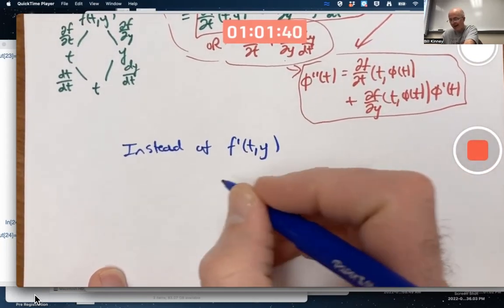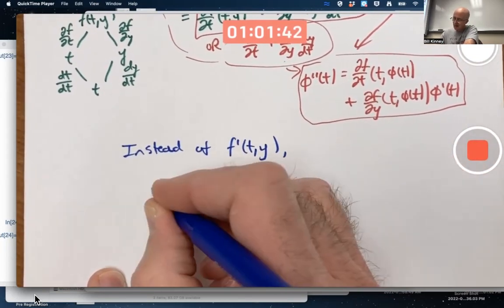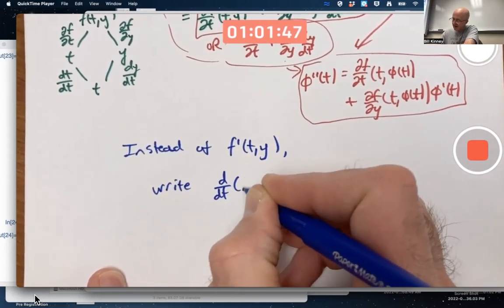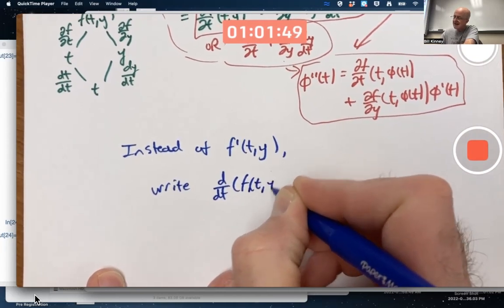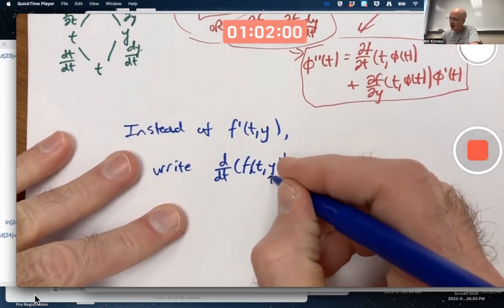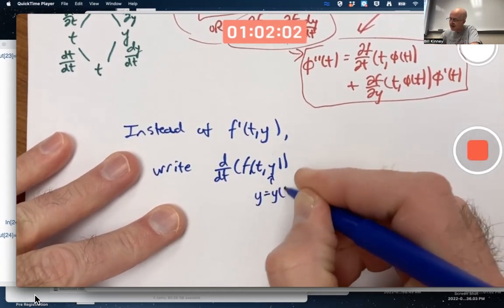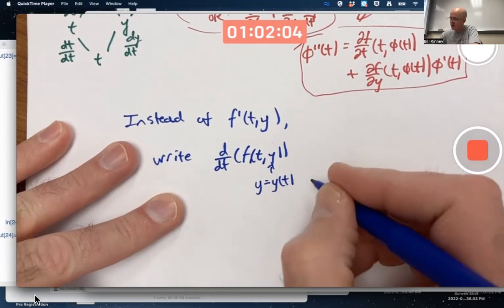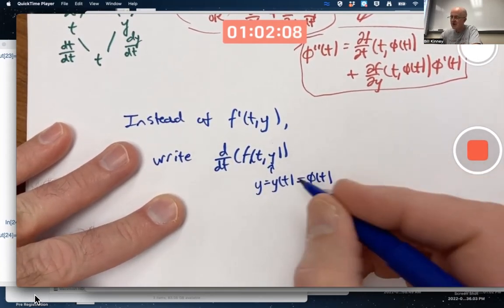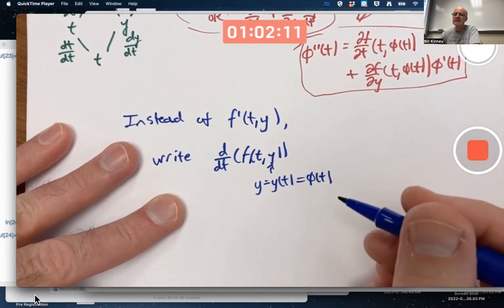I'm going to write t, y. Write d/dt of f of t, y, emphasizing that y depends on t for one thing. So you are differentiating with respect to t ultimately. y depends on t. You could write y equals y of t like the book does, or you could use my phi of t notation. And you are differentiating with respect to t.